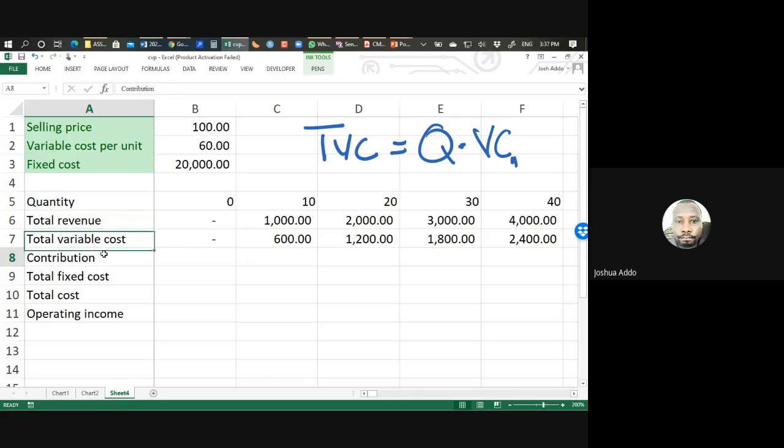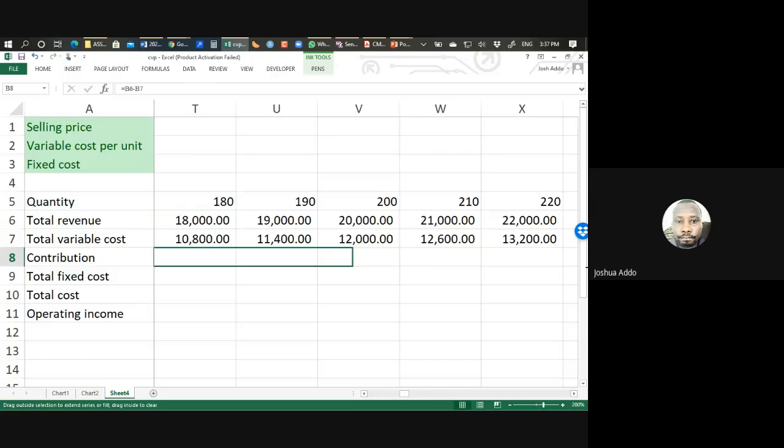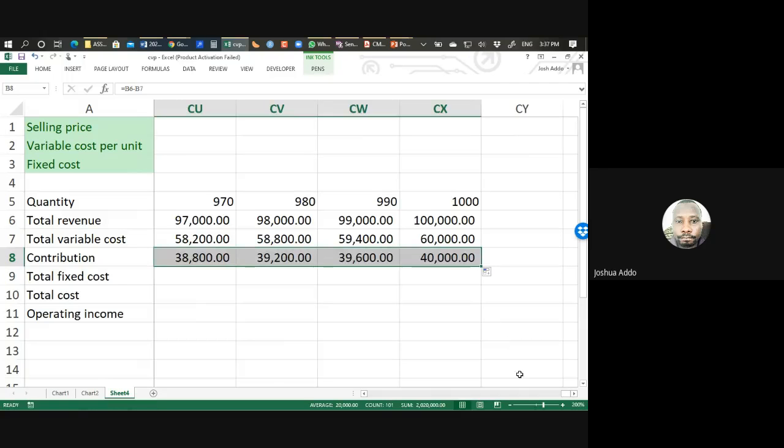So this is equal to this minus this. And I just drag, and that's the beauty of doing formula work in Excel. I just do one formula, drag across the rest, up to 1,000. So this is contribution across all the quantities.